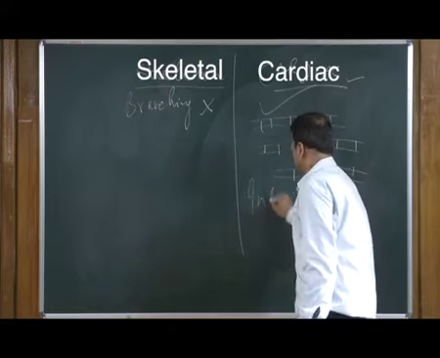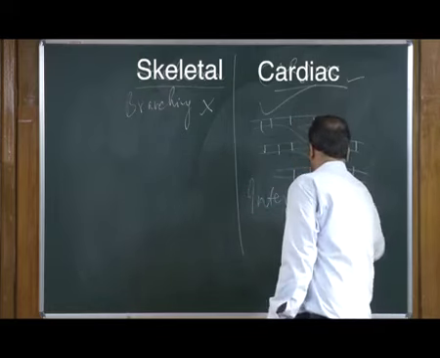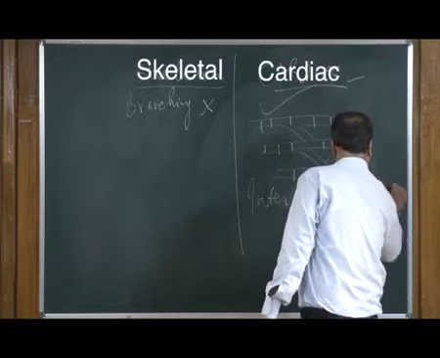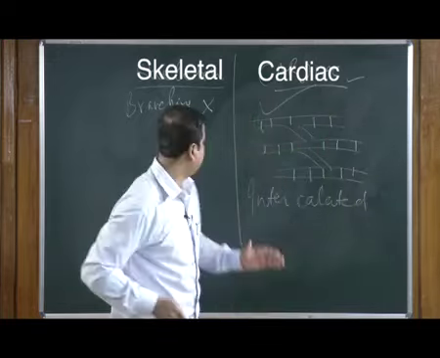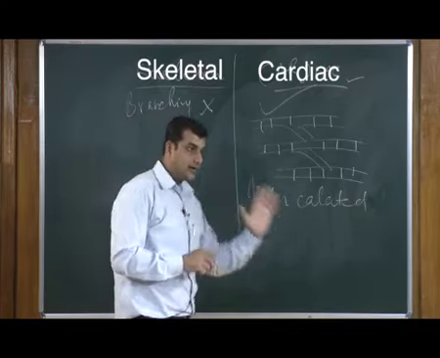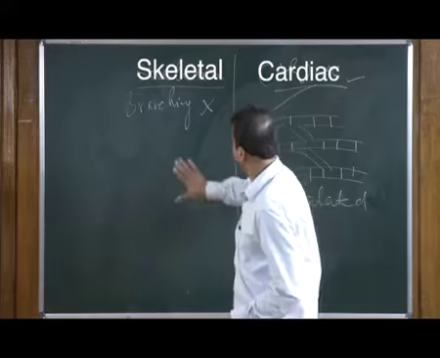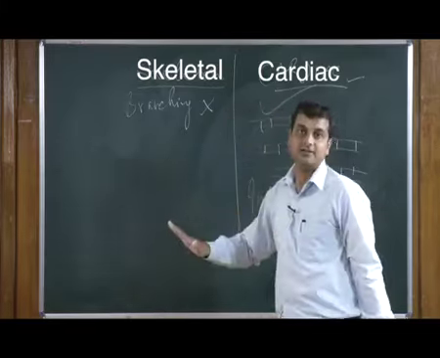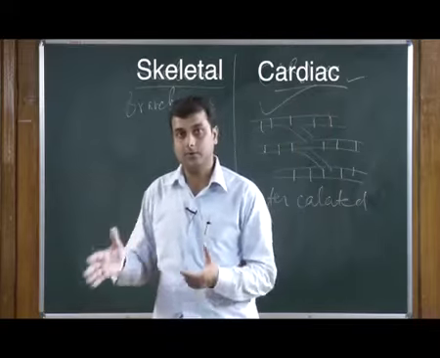We call it intercalated disc. So intercalated disc is present in cardiac muscle while it is absent in the case of skeletal muscle. One can nicely differentiate also that skeletal muscle is voluntary while cardiac muscle is involuntary in nature, so they are not under our control.